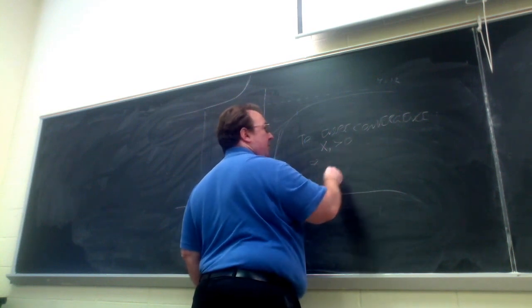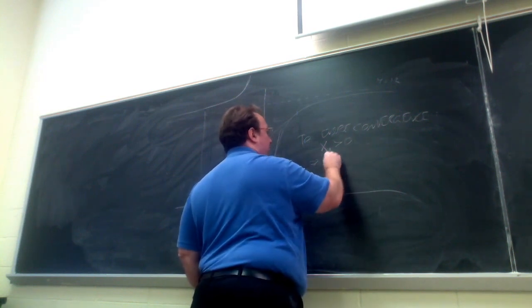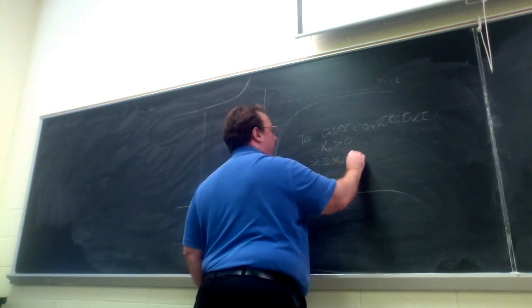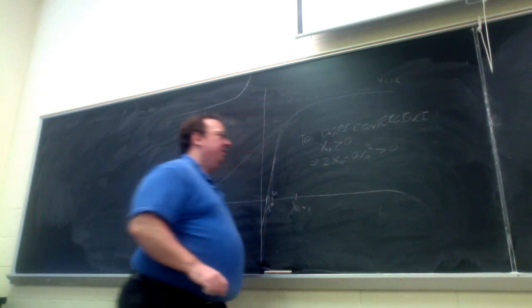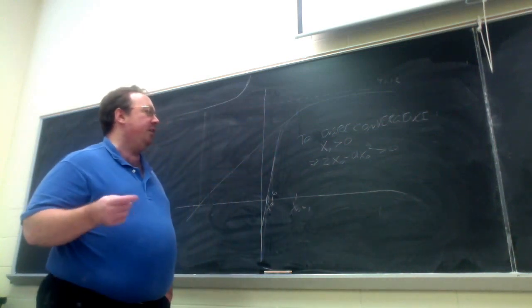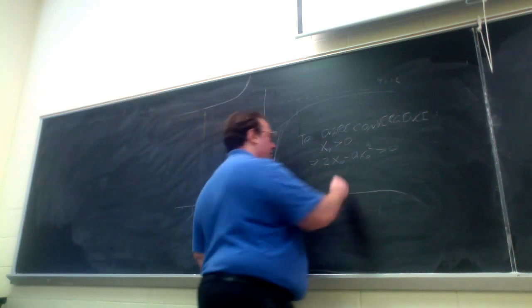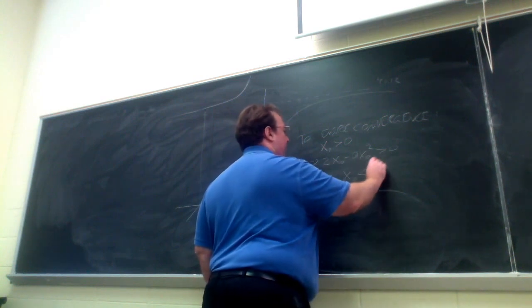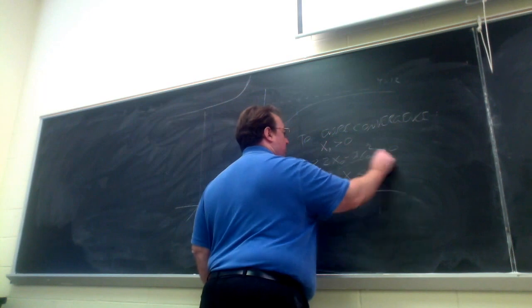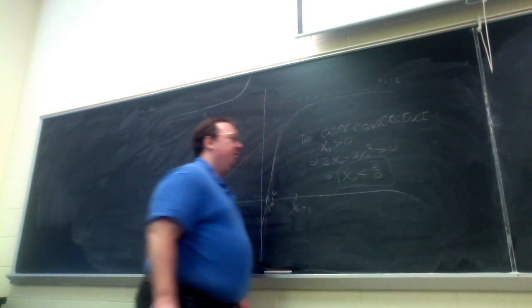That means x1, which is equal to 2x0 minus a x0 squared, must be positive. And if you solve that inequality for x0, you get this condition, that x0 must be less than 2 over a.